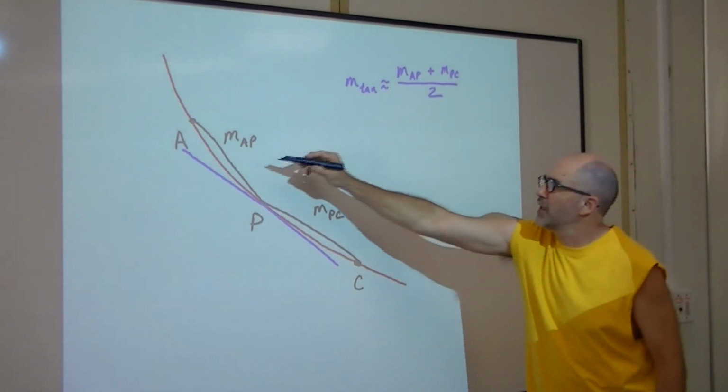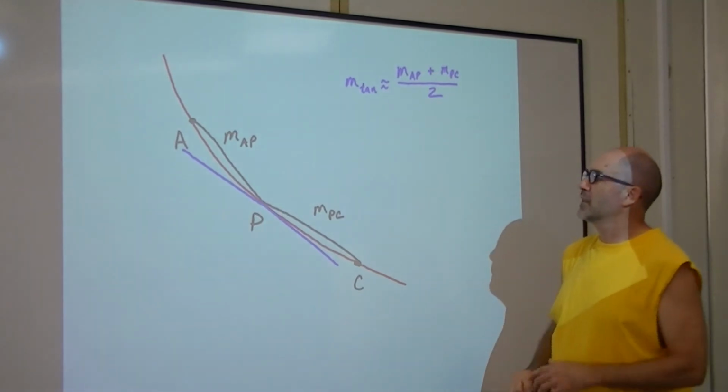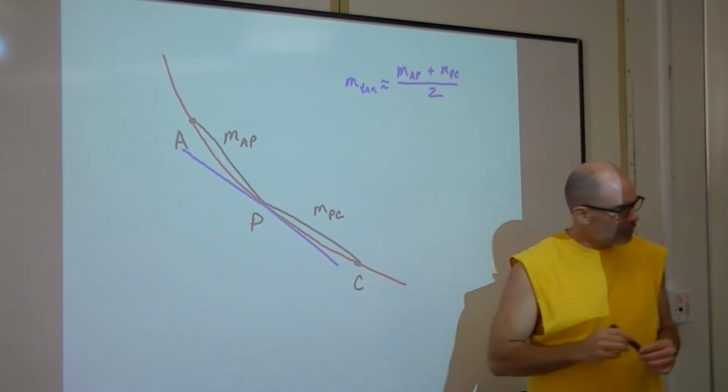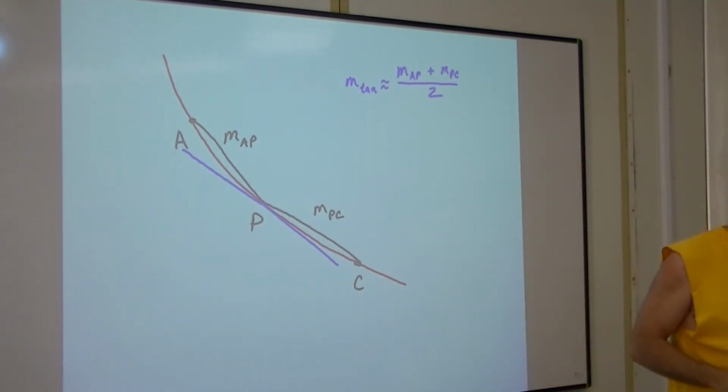The average of these two slopes gives me the slope of the tangent. So that's basically what they're doing there.